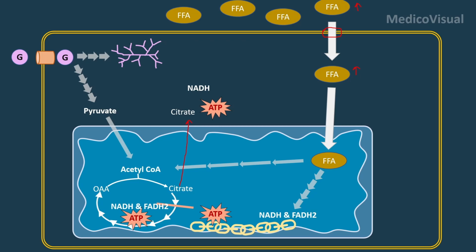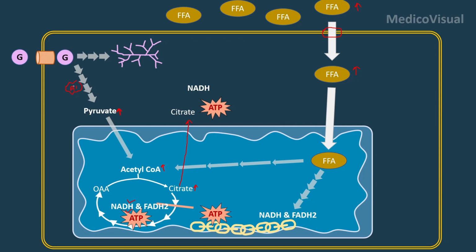Now let's focus here. Insulin is causing an increase in pyruvate, which leads to an increase in acetyl-CoA, which leads to an increase in citrate, and also an increase in ATP and NADH, which are also formed through glycolysis as well.